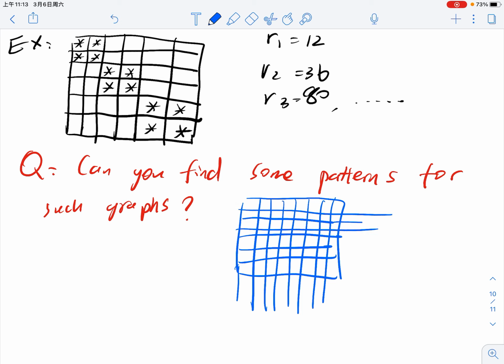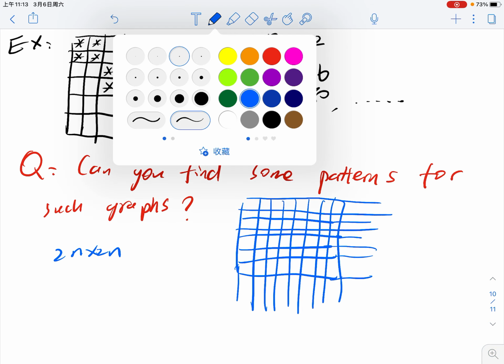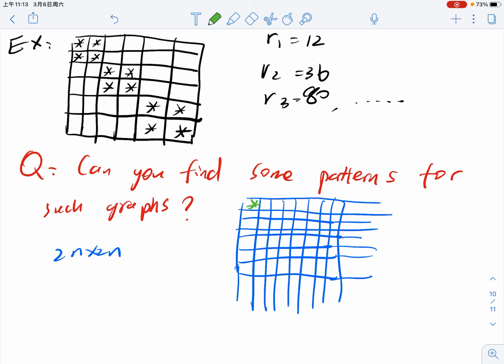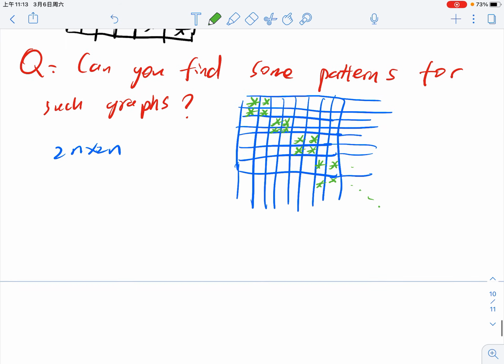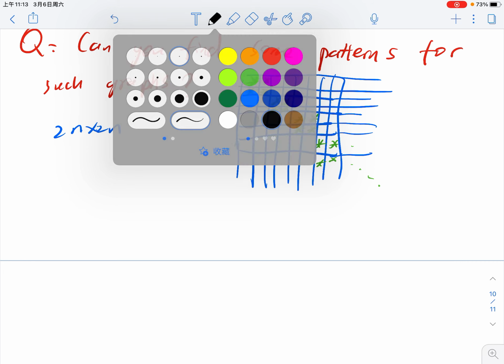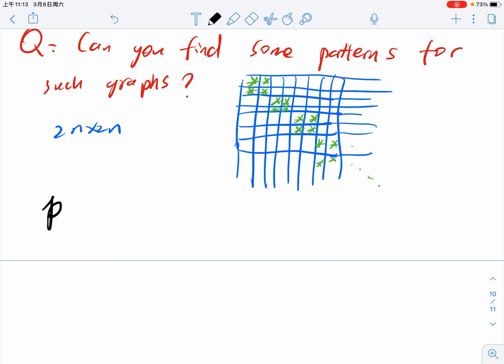You don't need to assume it's 6 by 6. You have 2n by 2n, and the forbidden positions are 2 by 2 blocks. Can you find some pattern? Or more explicitly, can you compute P?